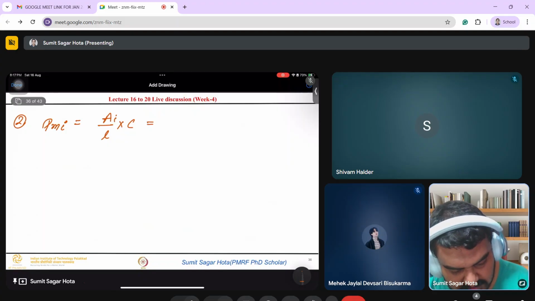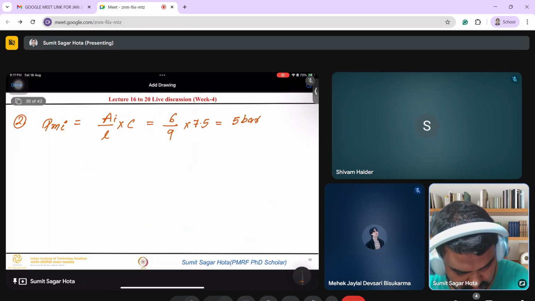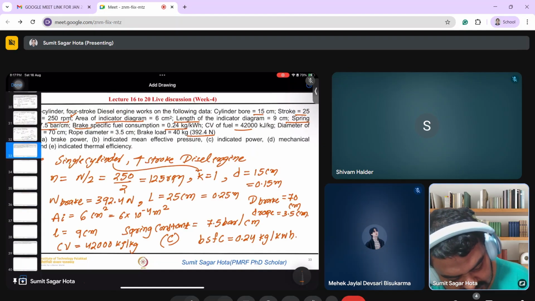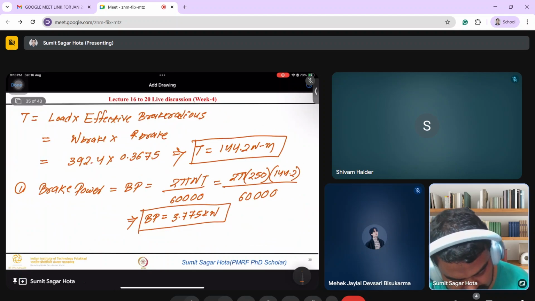So 6 by 9 into 7.5 equals 5 bar, or 500 kilopascal, because the unit is in bar per centimeter. So don't change anything to meter, otherwise it will be a problem.